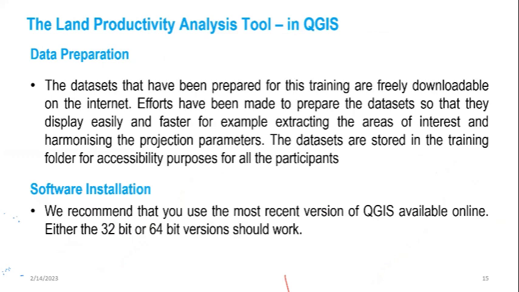The tool requires you to prepare data, of course. In this training, we have done that already for you. So the data sets will be uploaded, and you'll be able to download them and play around. We also give you more guidelines here on how you'll be able to do that and be able to produce your own maps using QGIS.